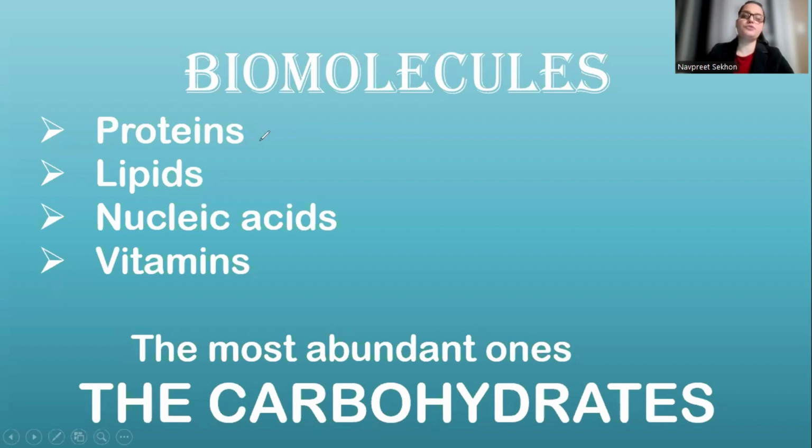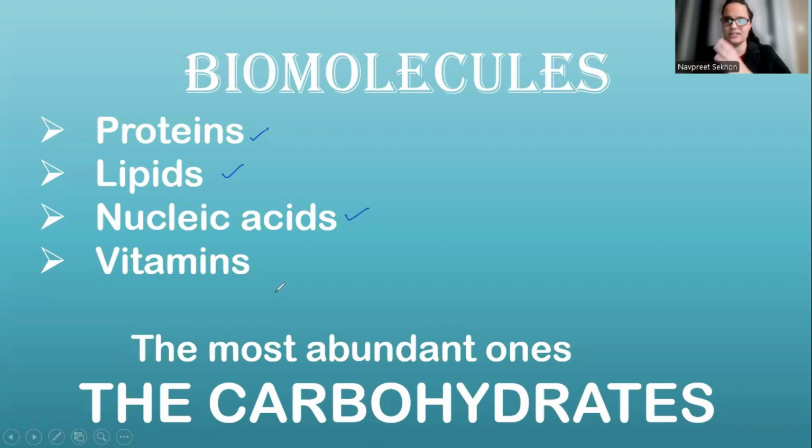And these large molecules are made up of smaller subunits. For example, the smaller subunits for proteins are the amino acids. For lipids, these are basically fatty acids and glycerol molecules. For nucleic acids, it's nucleosides. In vitamins, everything exists, like amino acids, lipids, fatty acids, nucleosides.